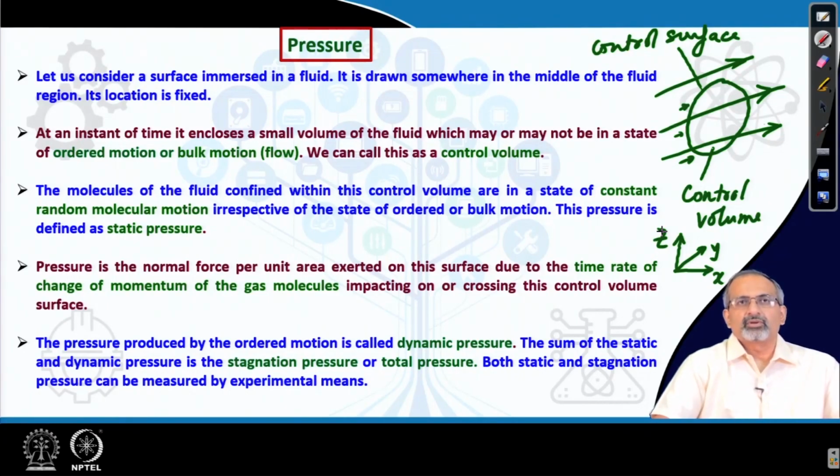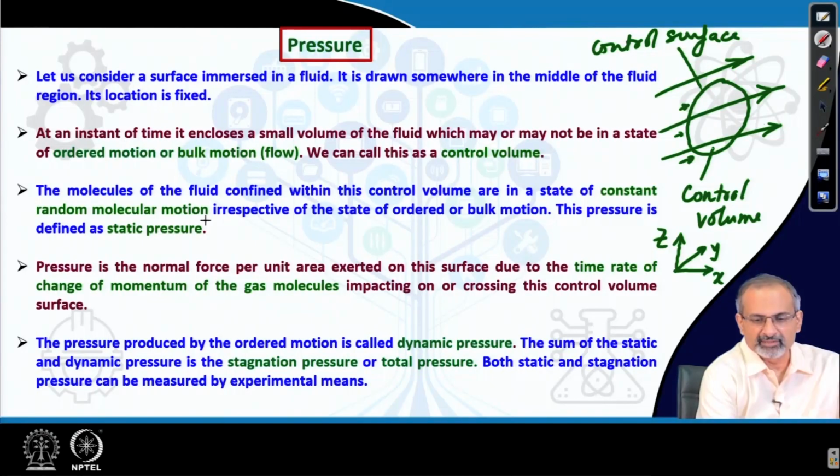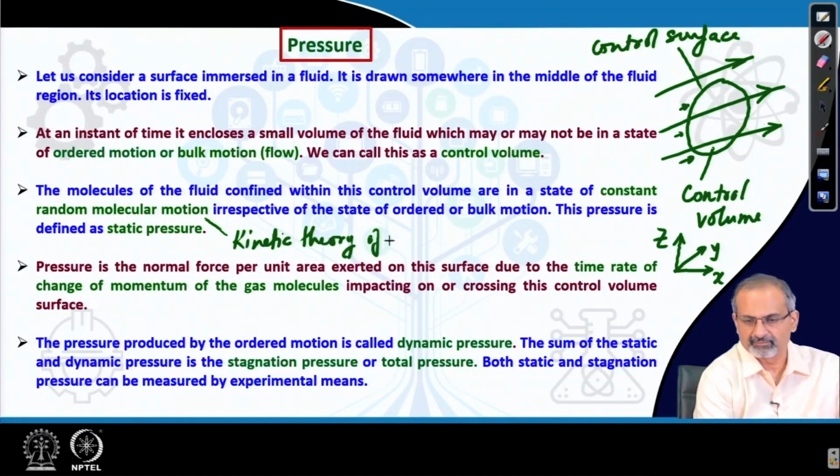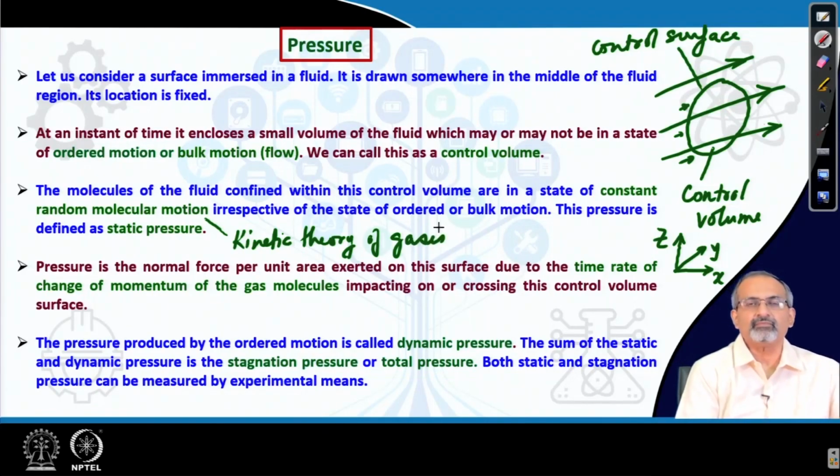Now, the molecules of the fluid confined within this control volume are in a state of constant random molecular motion, which we have learned from kinetic theory of gases, or fluids in general.